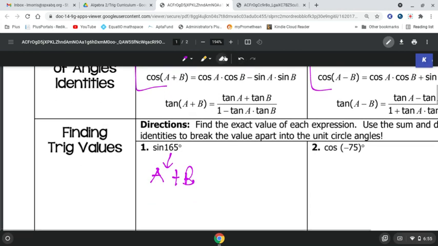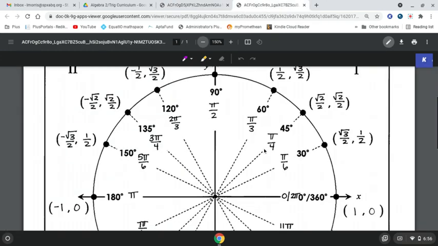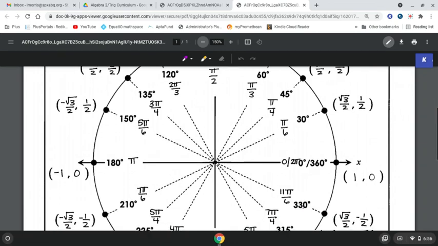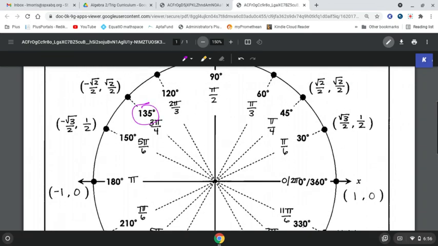So we want to use two numbers that are going to add together to give us 165, and we're going to try to use numbers that are on this unit circle. For instance, we could use 135 and 30 degrees. So the reason we want to use numbers on this unit circle is because if we have those degrees, we can use these ordered pairs to give us sine and cosine, and I'll show you how.